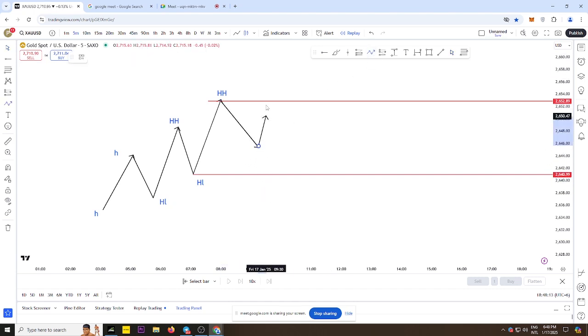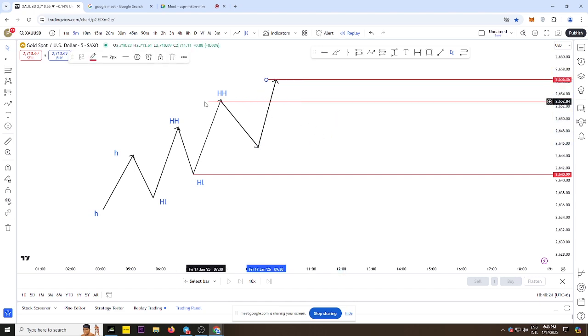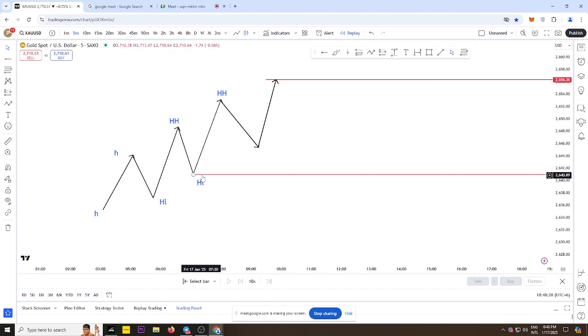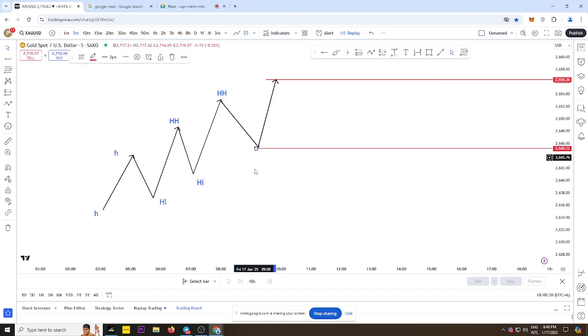If it goes up, we say again we are having a new high and a new low. Every time it is giving us what? An N shape, the same N shape we are talking about. Again, it created the higher high.